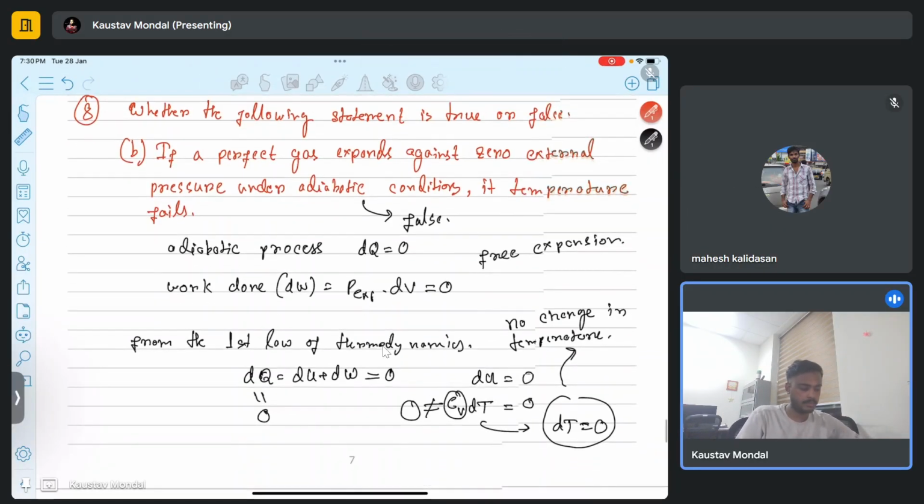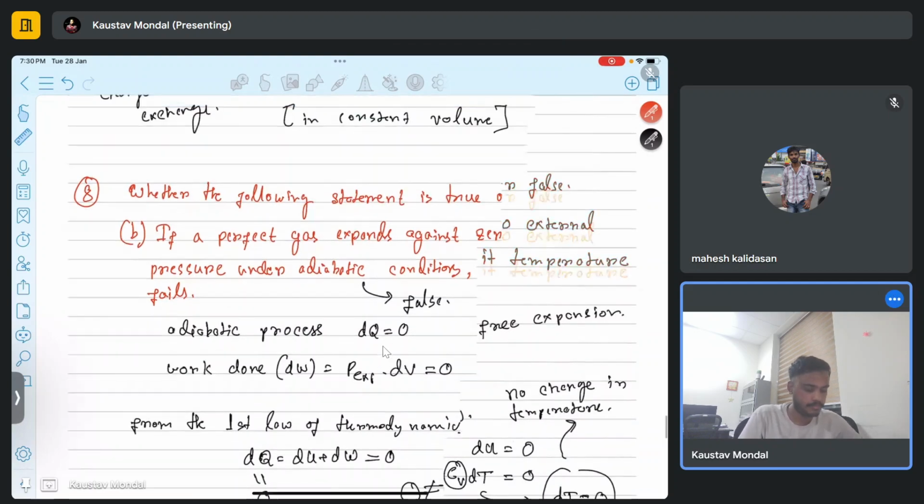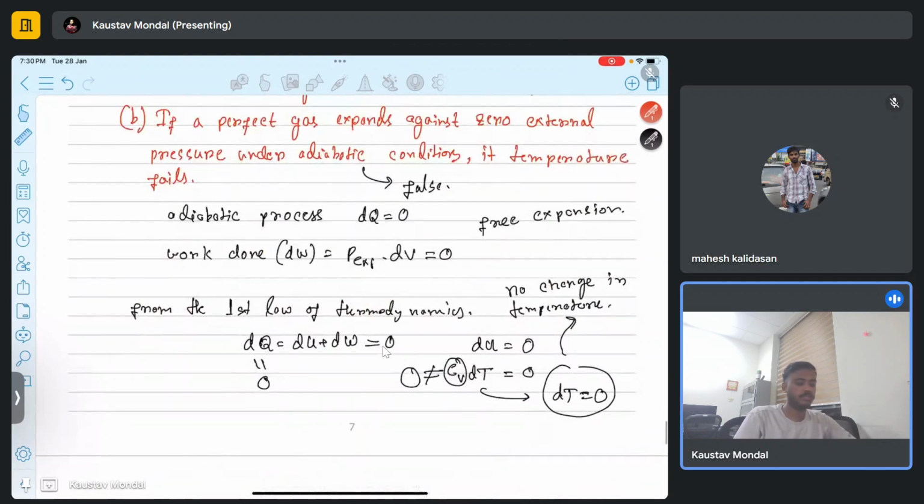The dt will be equal to 0, and there will be no change in the temperature. So this is question number 8.